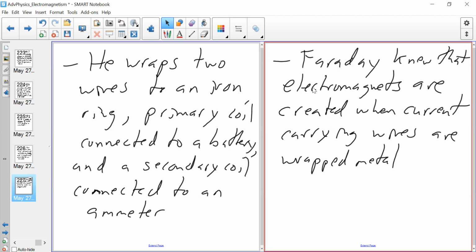So again, electromagnets are created when current carrying wires are wrapped around metal.